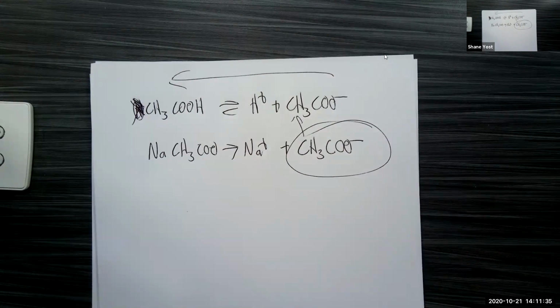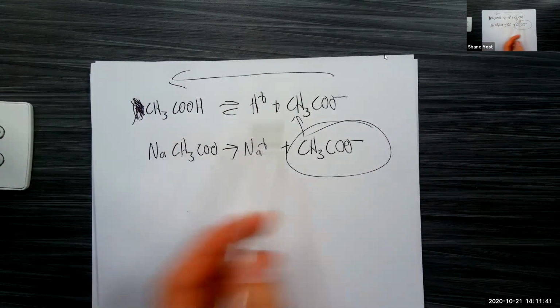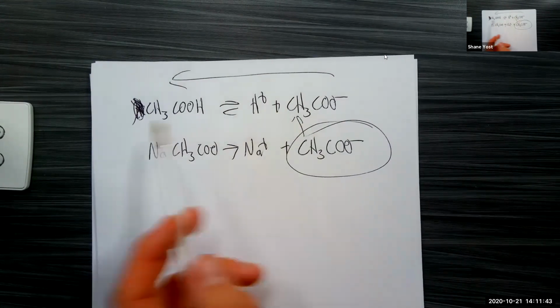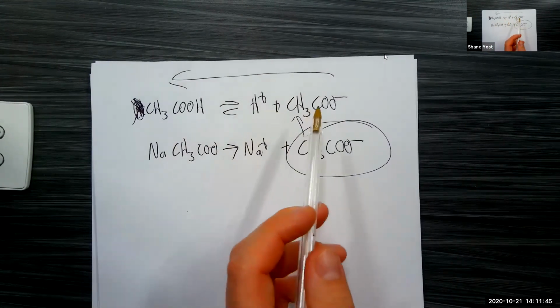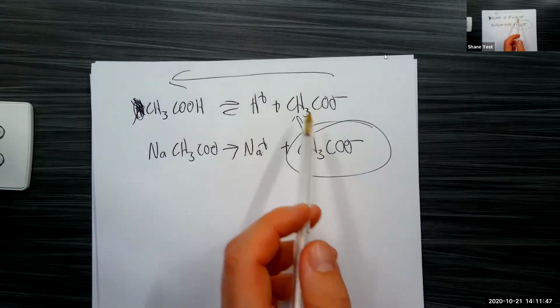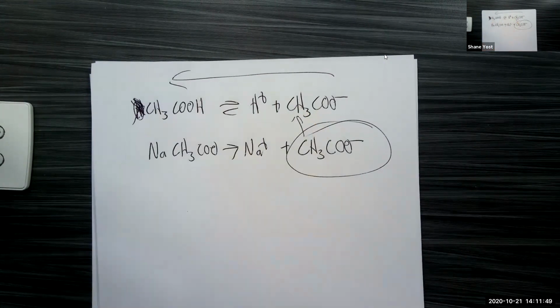So I've added sodium acetate. The acetate ions are a common ion in this equilibrium reaction established in my solution. That common ion, acetate, is going to cause this equilibrium to shift to the left, and I'm going to reform some of my acetic acid that had broken apart originally in the solution before the addition of sodium acetate.